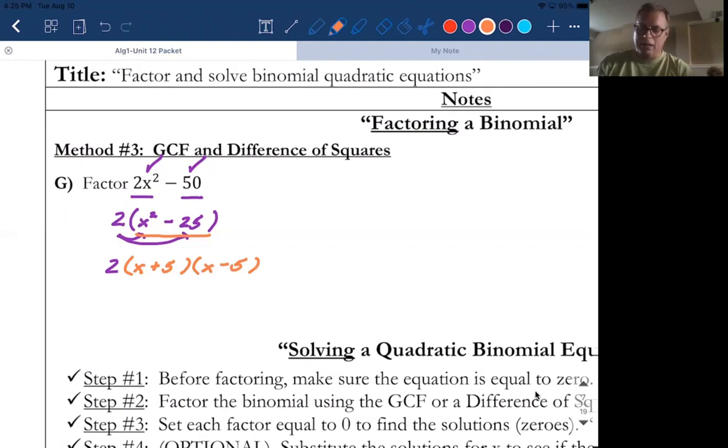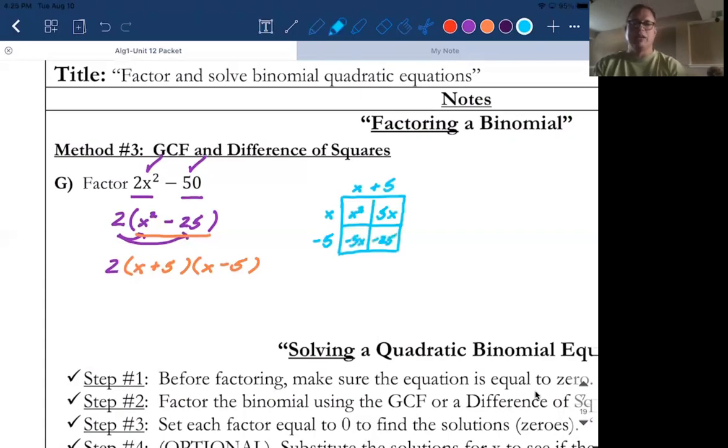Now, if I were to multiply all of that out, I should get 2x squared minus 50. So let's do that. Let's do the orange part first. Let's take x plus 5 times x minus 5. That'll give us x squared, 5x, negative 5x, and negative 25. You don't have to write all that down. That was very, very fast.